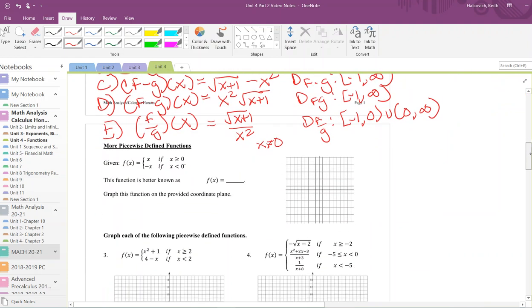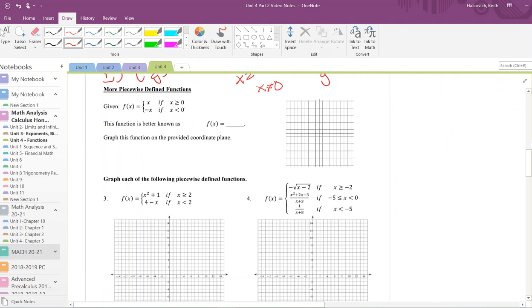All right, talking about piecewise functions here in the next part. The function that's defined by x if x is greater than or equal to 0 and negative x if x is less than 0 is better known as the absolute value of x. If you graph this, for x greater than or equal to 0 it's x, so you have 0, 0, 1, 1, and then it just keeps going up 1 over 1.